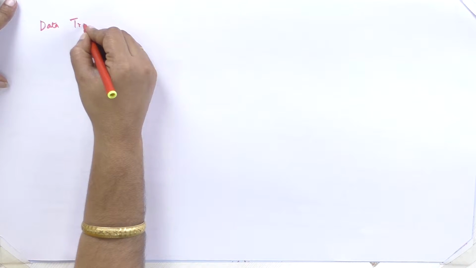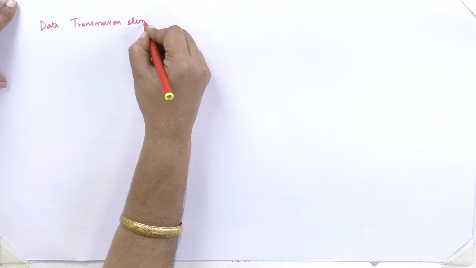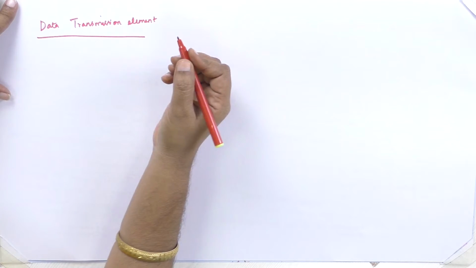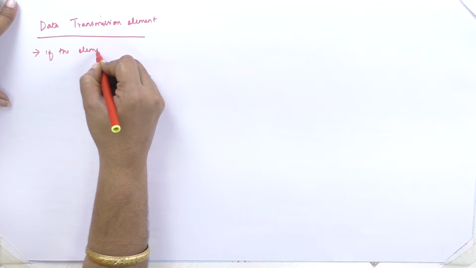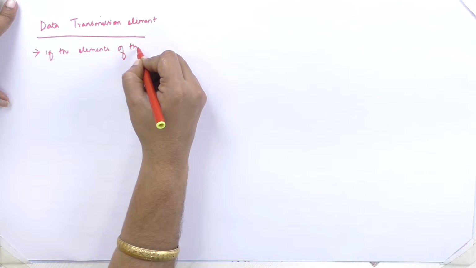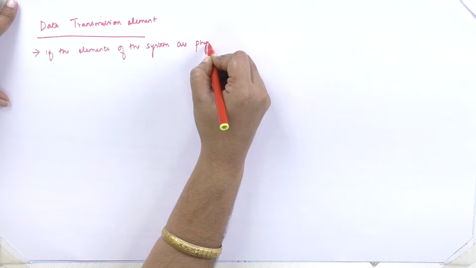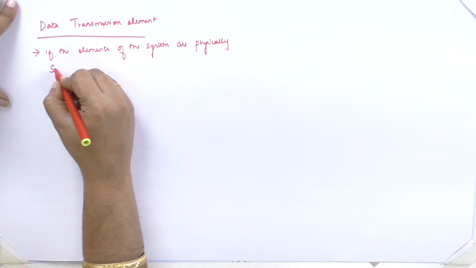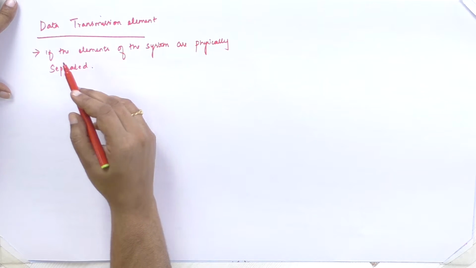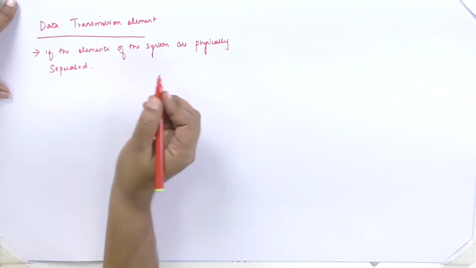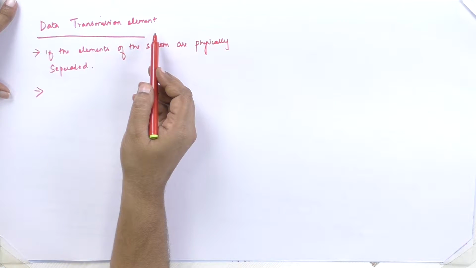Next is the data transmission element. If the elements of the system are physically separated, it is necessary to transmit the data from one element to another, that is from one stage to another stage. So, there is a necessity for a data transmission element.